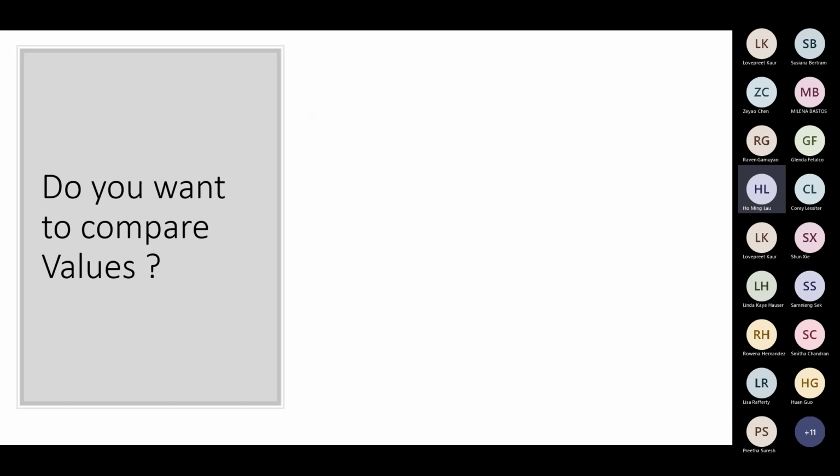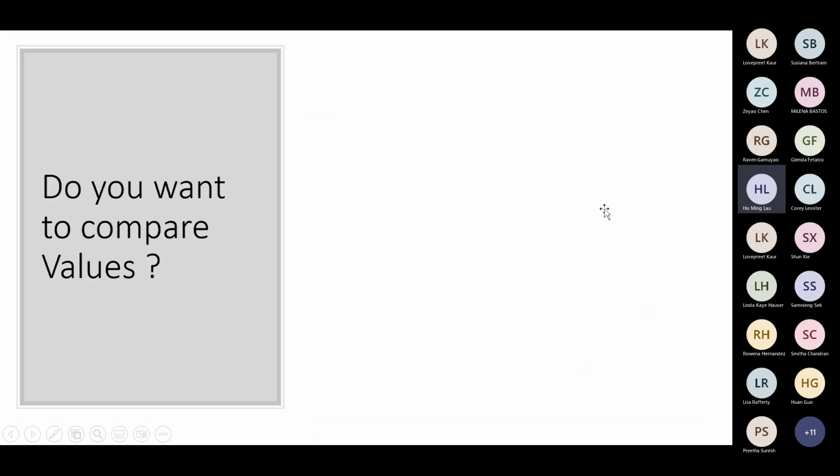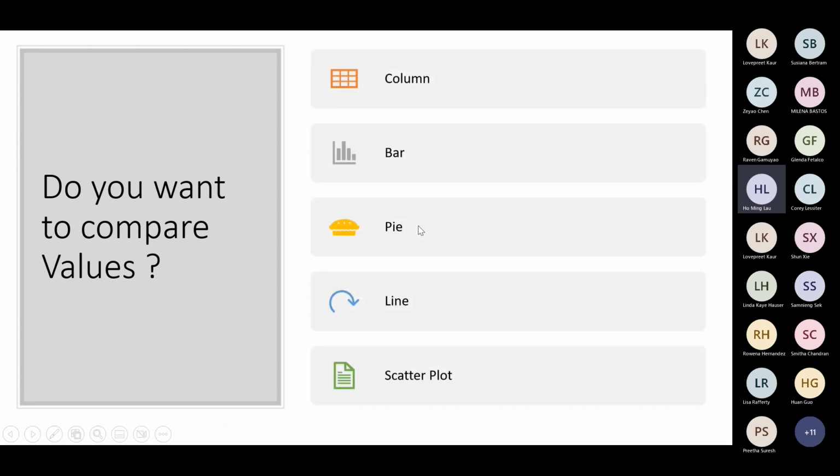Can any of you give examples from these? If you want to compare values, you can use a line chart, right? So line chart, column chart, bar chart, even pie chart, to compare categories, and also scatter plot.